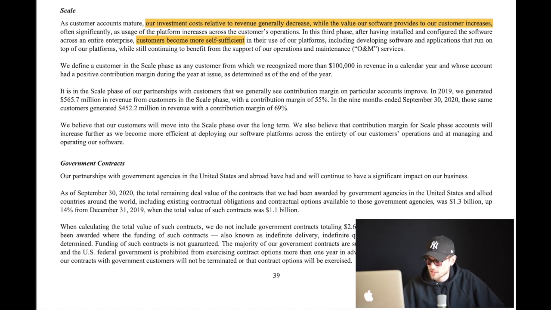In this third phase, after having installed and configured the software across an entire enterprise, customers become more self-sufficient in their use of our platforms, including developing software and applications that run on top of our platforms while still continuing to benefit from the support of our operations and maintenance services.